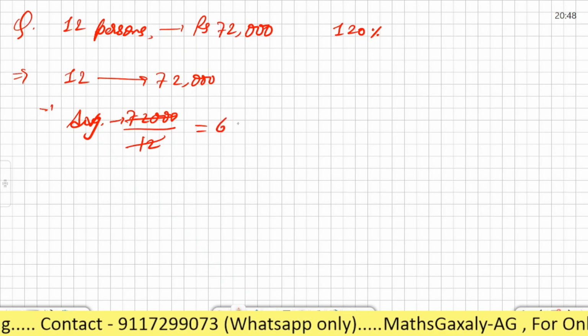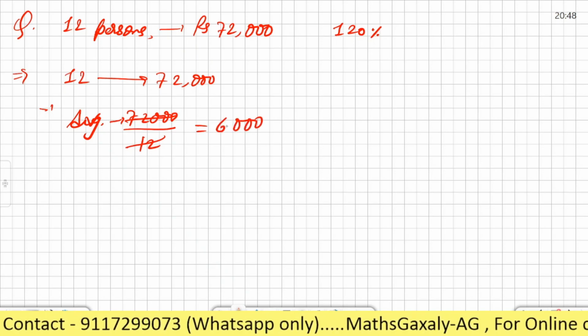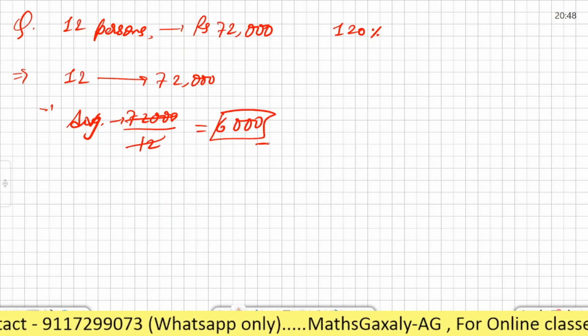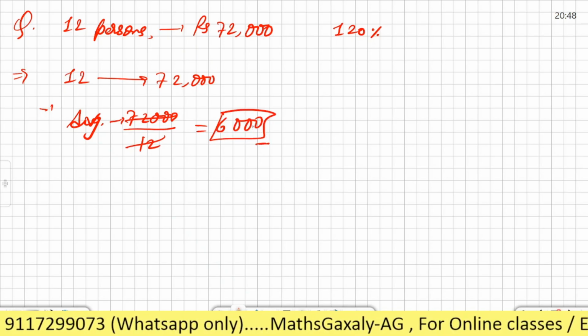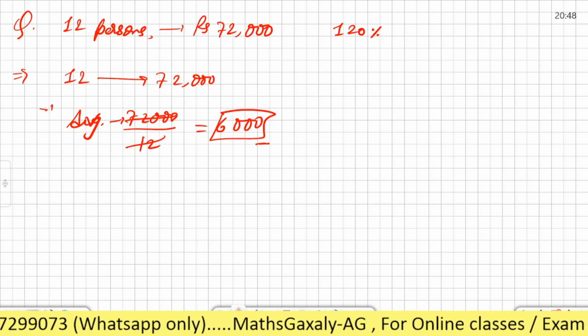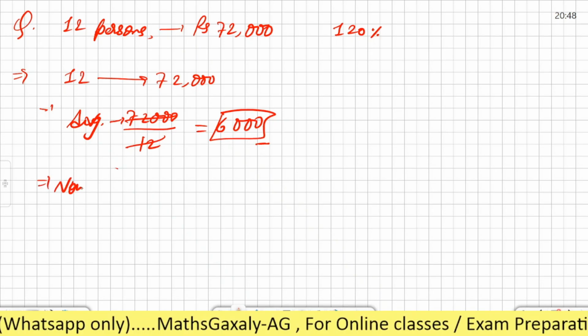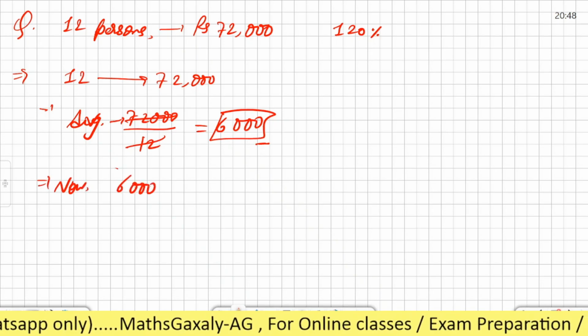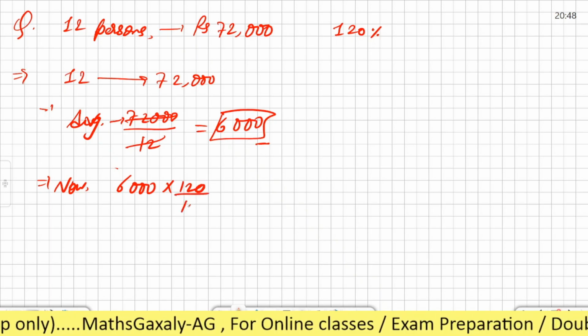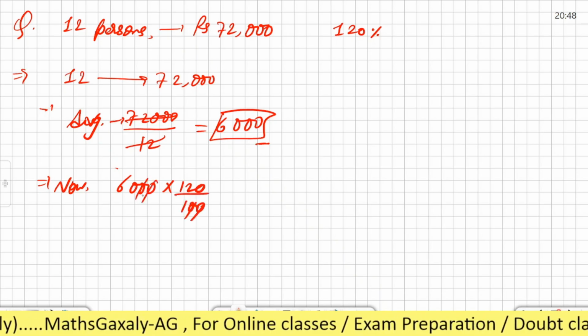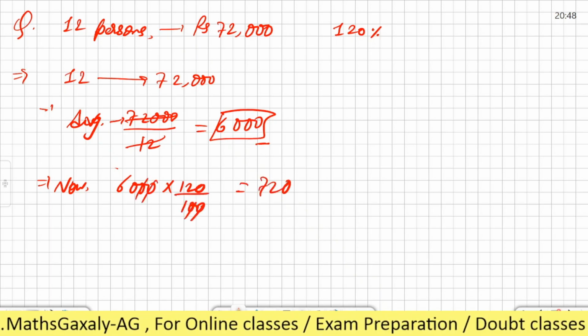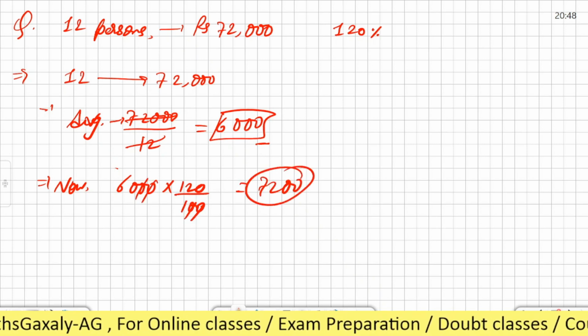It will be 6,000, right? This is the average income, and here it is saying that the income of that person is 120% of the average income. So now we have to find the 120% of 6,000. Okay, that's all. Is it clear? 12 6s are 72 and 2 zeros. This is the one method.